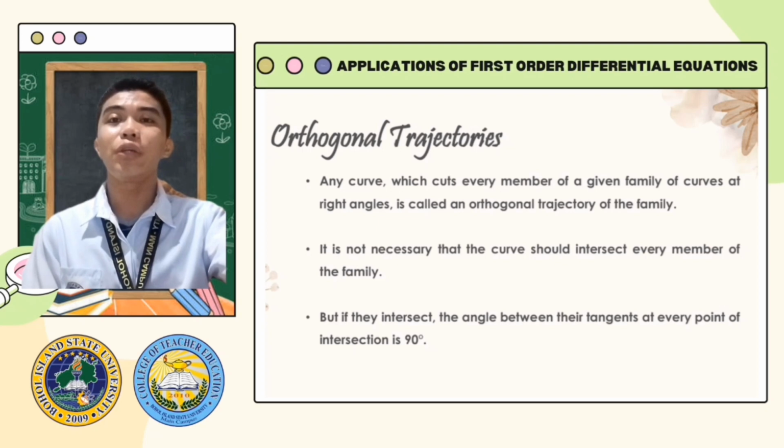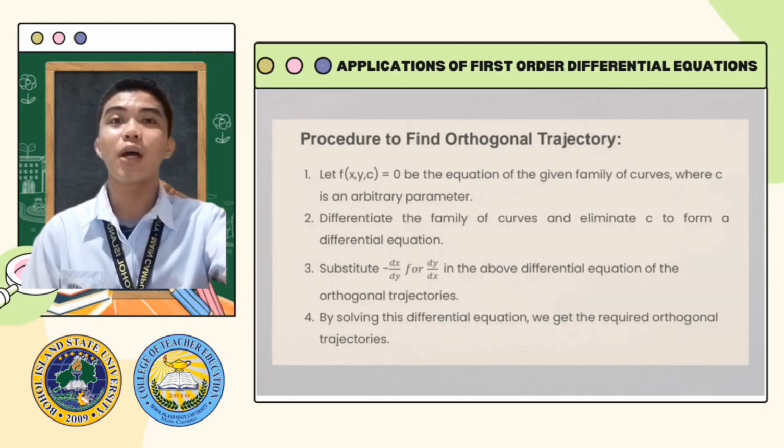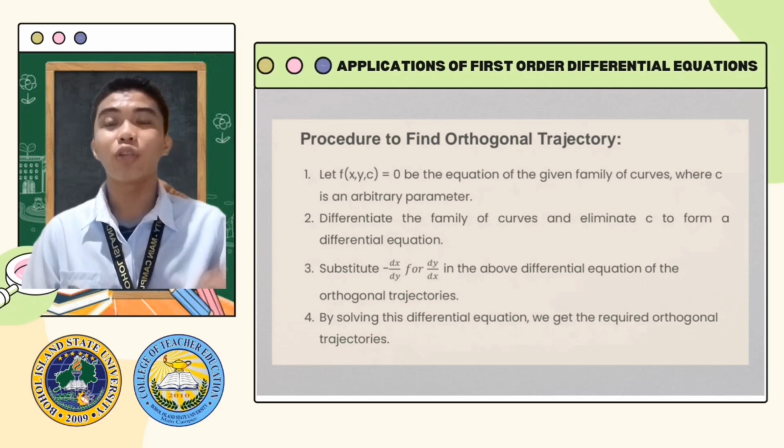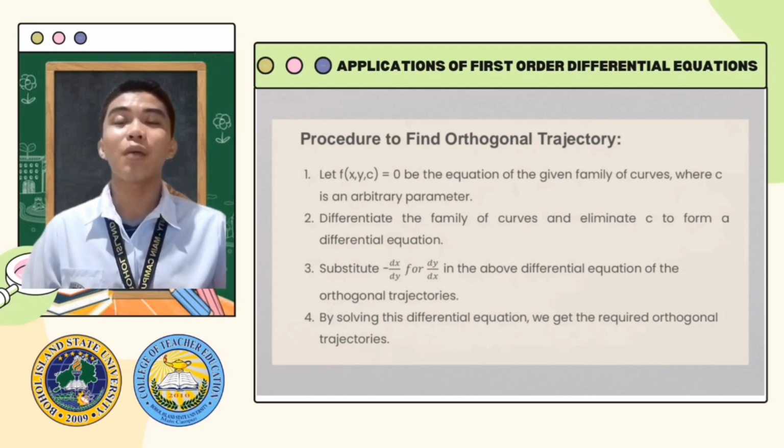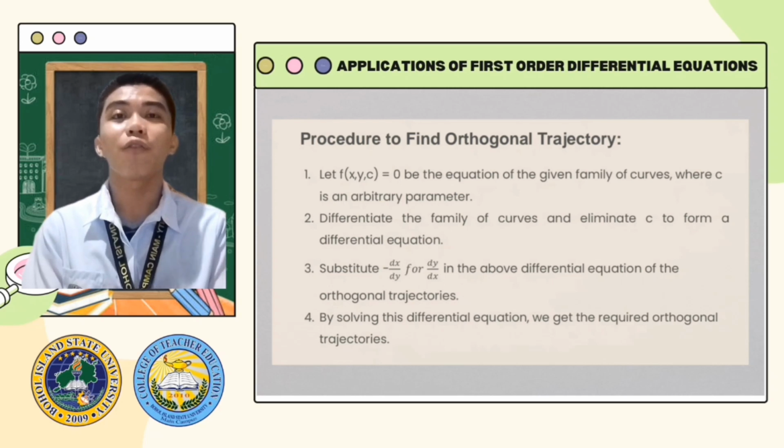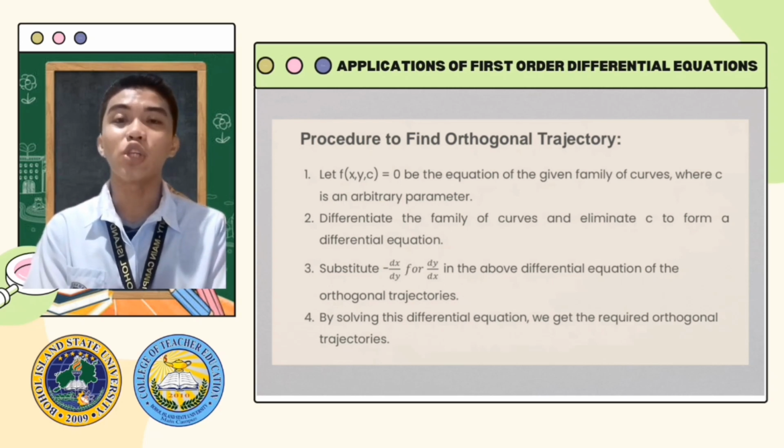Here are the four steps, or four procedures, to find the orthogonal trajectory. The first step: let f of x, y, c equal 0 be the equation of the given family of curves, where c is an arbitrary parameter or constant. Second, differentiate the family of curves and eliminate c to form a differential equation.